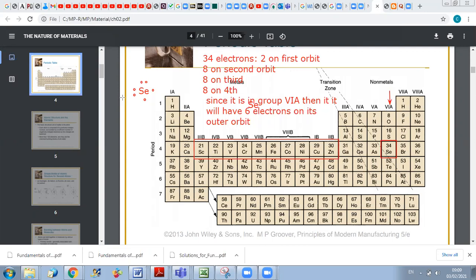So for example, if I combine Se with oxygen, what will be the type of bonding? What will be the type of bonding if I combine Se with oxygen?